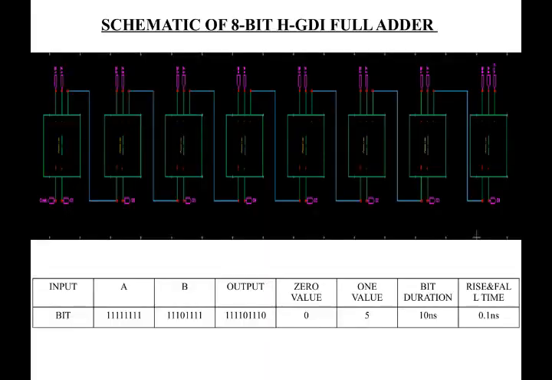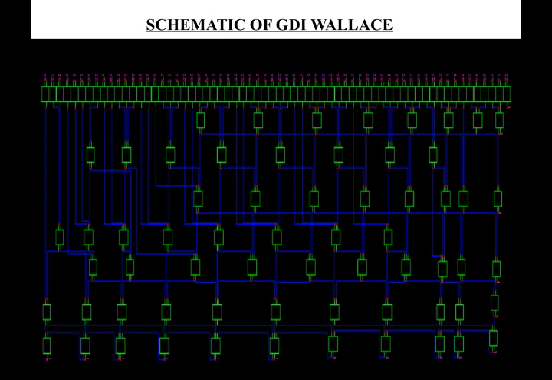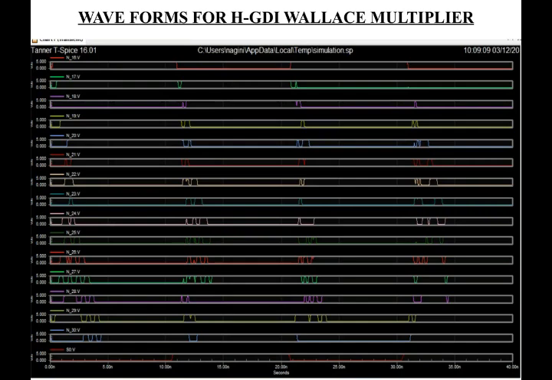In this software we verify the operation of the circuit by numerically and differentially solving the circuits, and we check it before the process of fabrication. This is the 8-bit hybrid Wallace multiplier. This is the output waveform. This is the schematic view of the hybrid GDI Wallace multiplier and its output results.